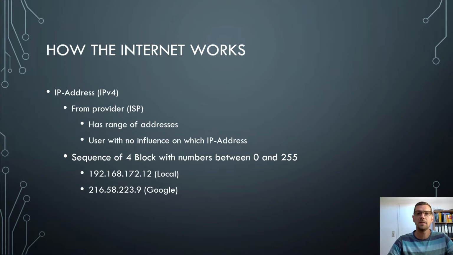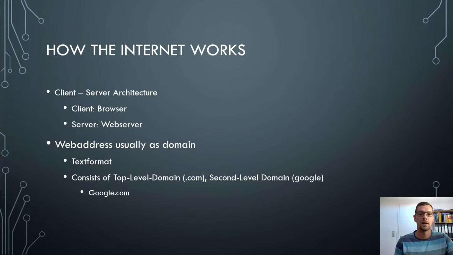So these are unique. Here, for example, the Google IP address. Google has obviously more than one IP address, but in this case I just wrote one down. It's 216.158.223.9.